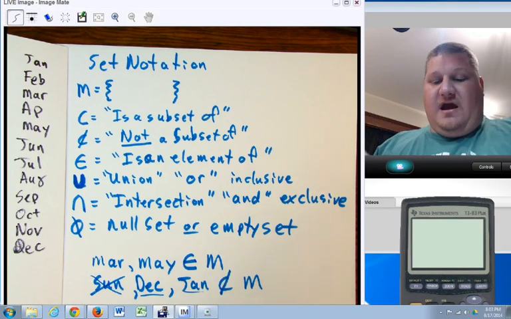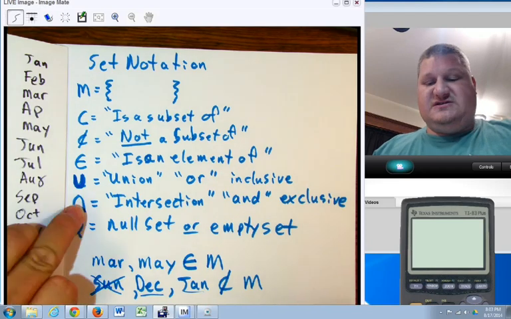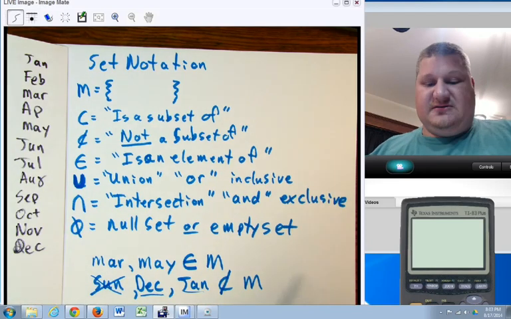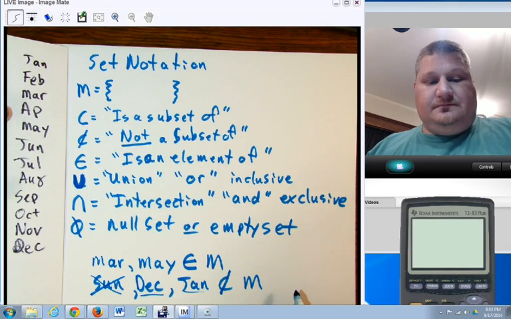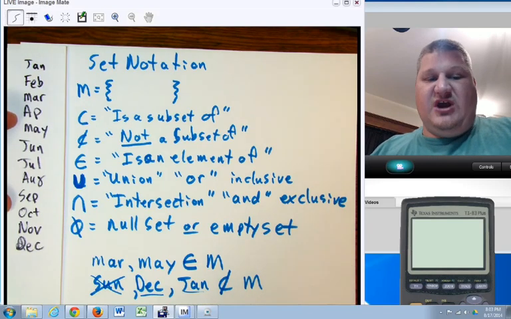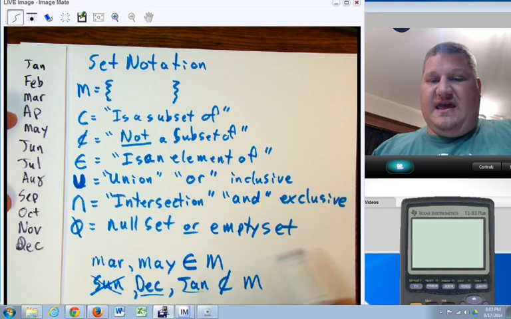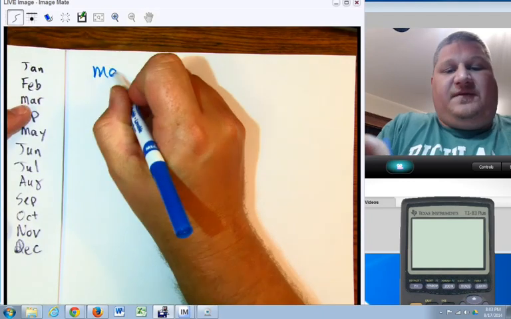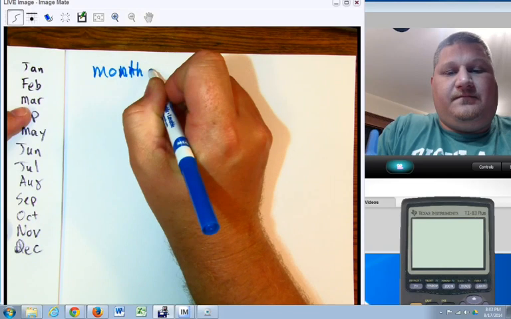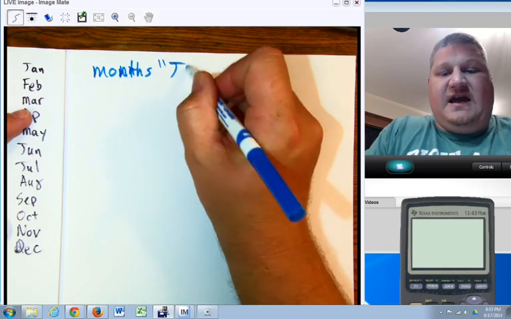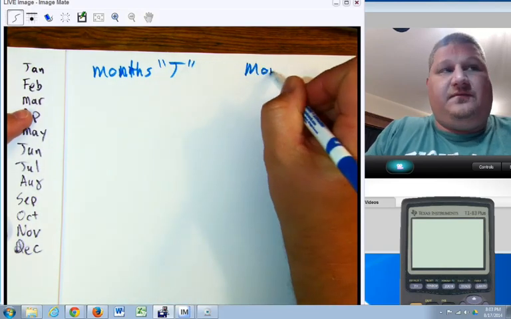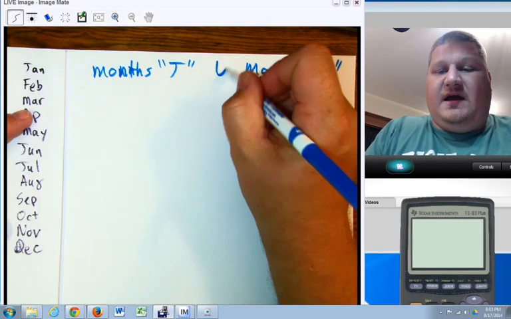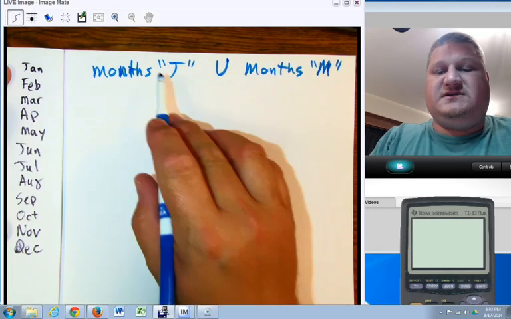Now, we also start talking about union, intersection, and empty set. Union, intersection, and empty set are very easy ideas. If I want the union of months beginning in J and months beginning in M, I would want all months including J's and M's.